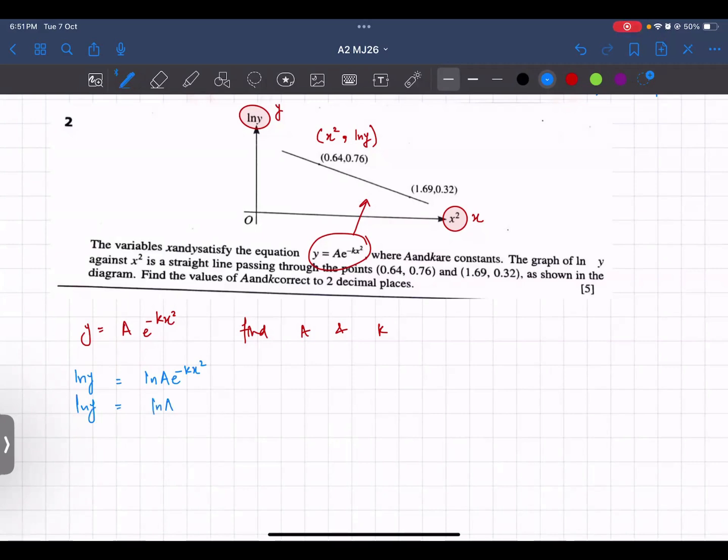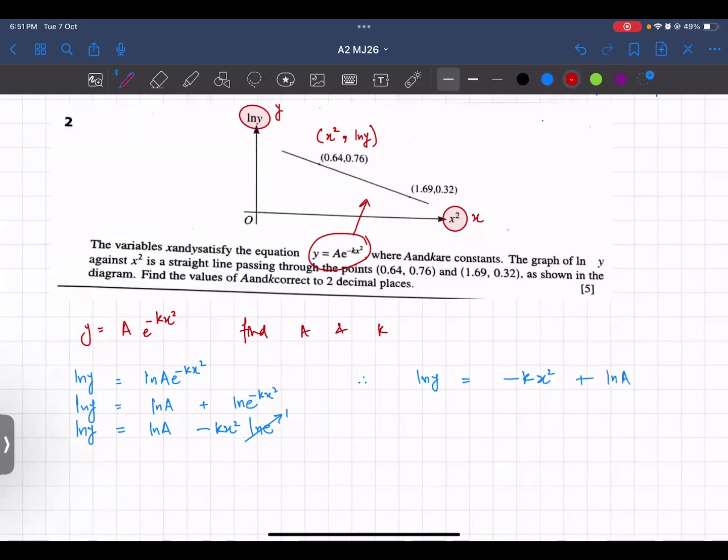This becomes ln A plus ln e to the minus k x squared. ln A stays, and minus k x squared comes down and becomes ln e. ln e is equal to 1 when the base and the inside are the same. ln has log base e and inside also e, so it becomes 1, and so this becomes ln y is equal to minus k x squared plus ln A.